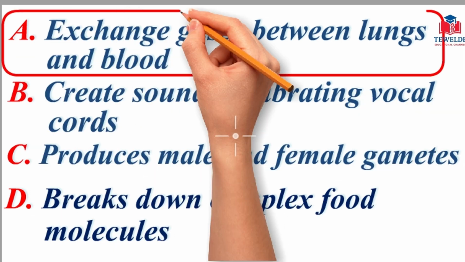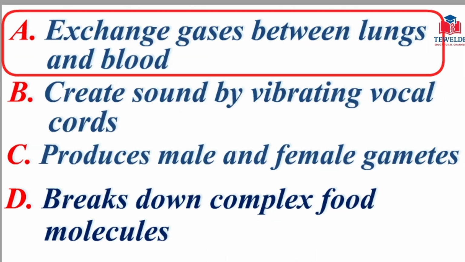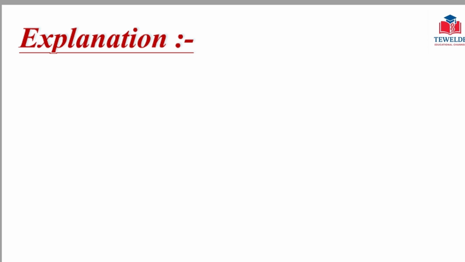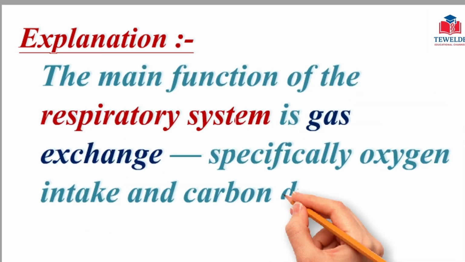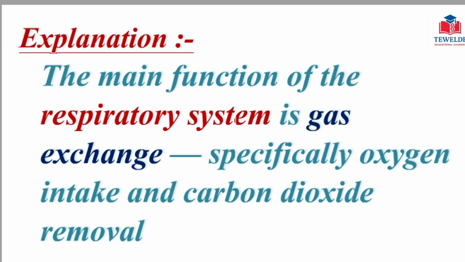The answer is A. Exchange gases between lungs and blood. Explanation. The main function of the respiratory system is gas exchange, specifically oxygen intake and carbon dioxide removal.